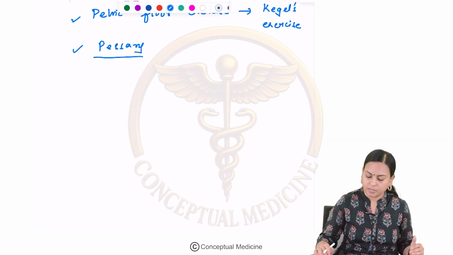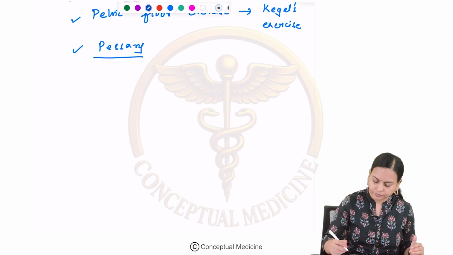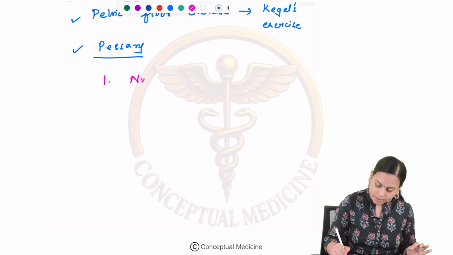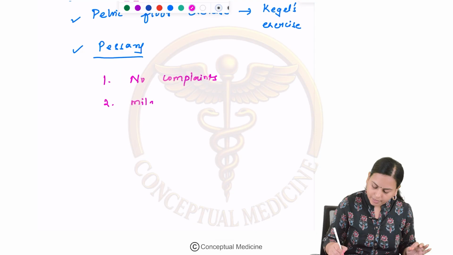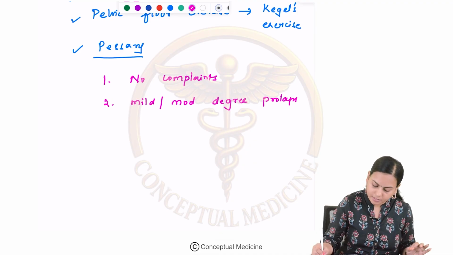conservative management. The indications of giving pessary are: number 1, when she has no complaints. Number 2, when it is only a mild or moderate degree of prolapse.